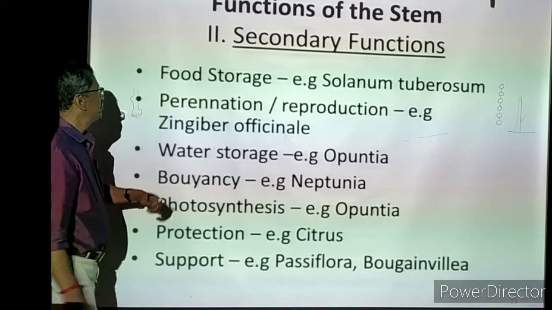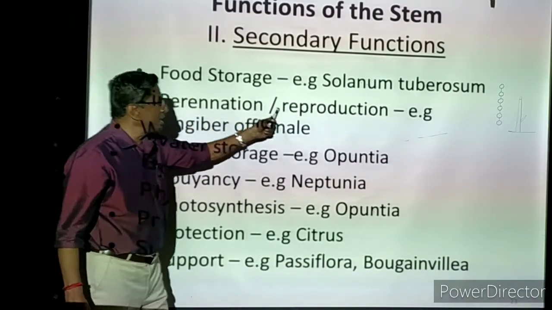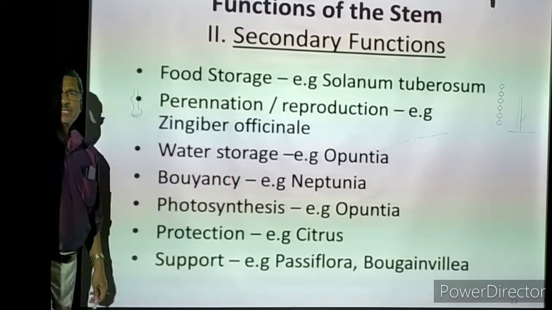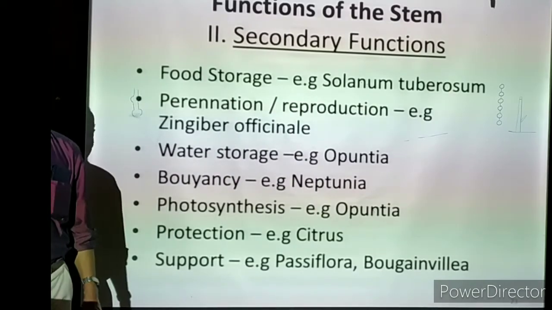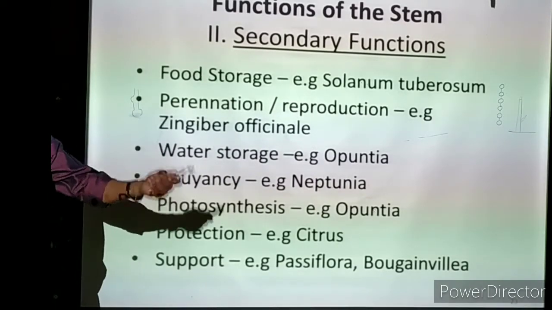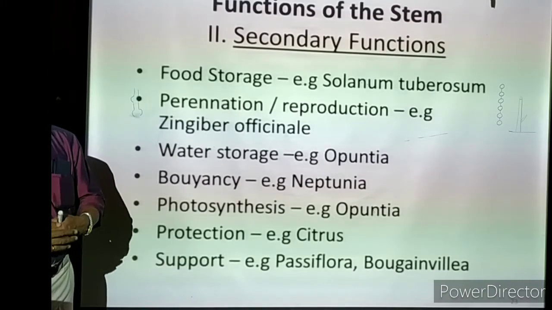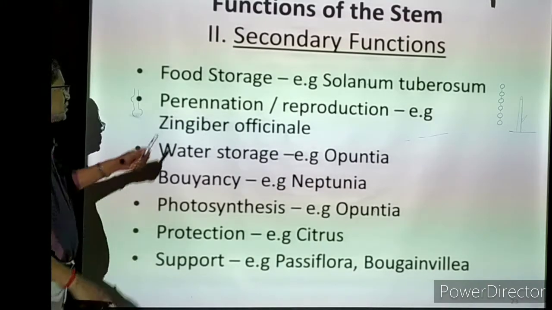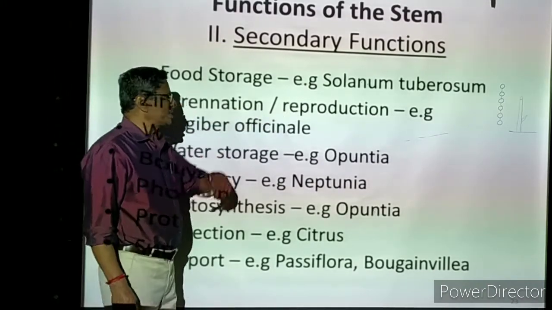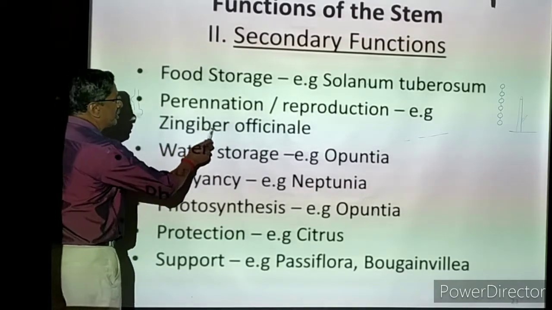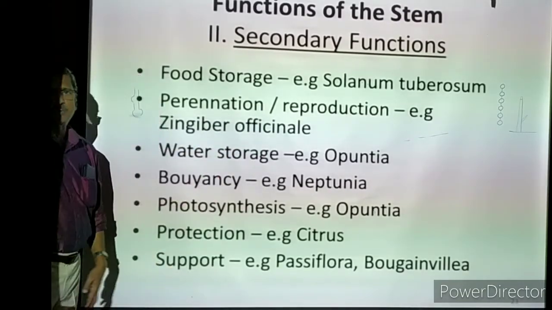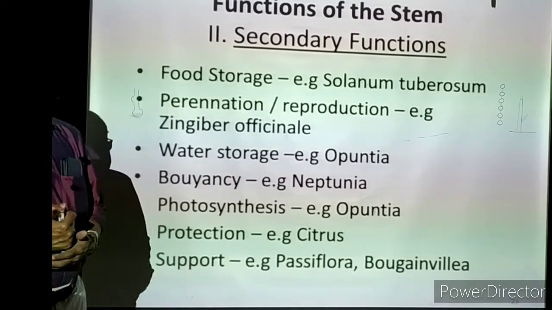Then perenniation or reproduction, both are the same. In some plants, the stem is reproducing. One stem is producing many young plants. That is called perenniation or reproduction. Example, Zingiber officinale, the ginger plant. Ginger is also available in the vegetable shop.